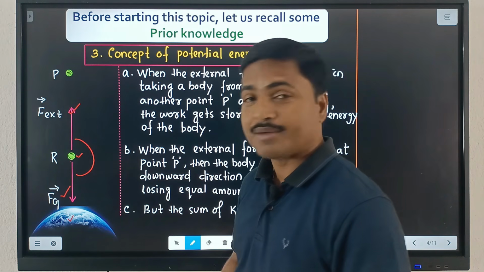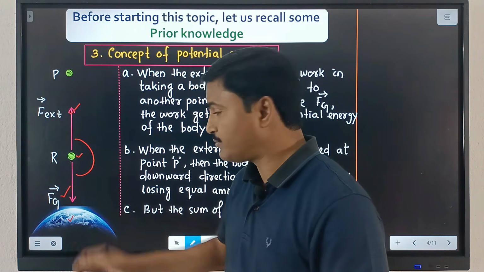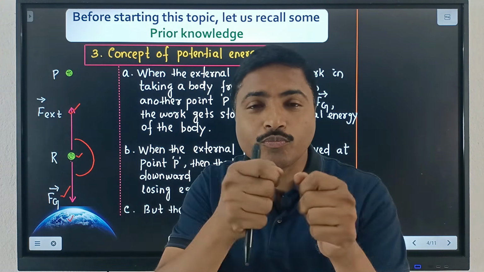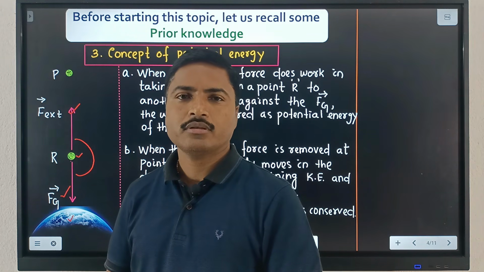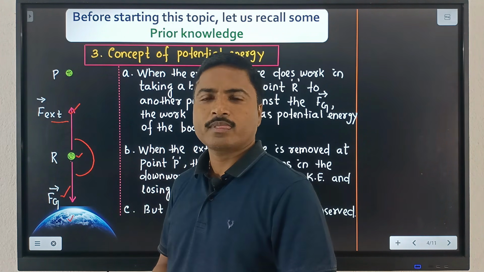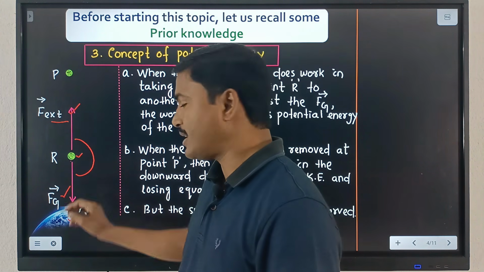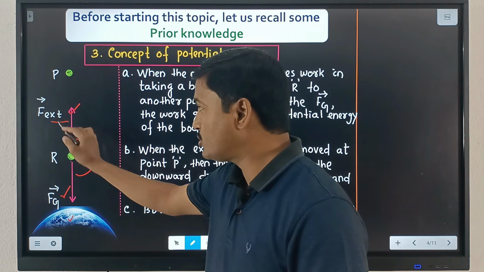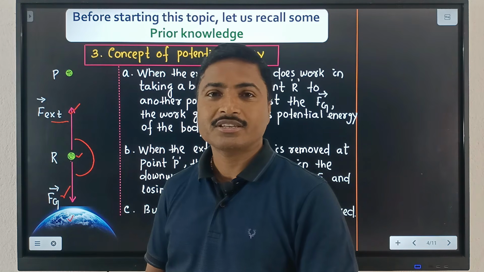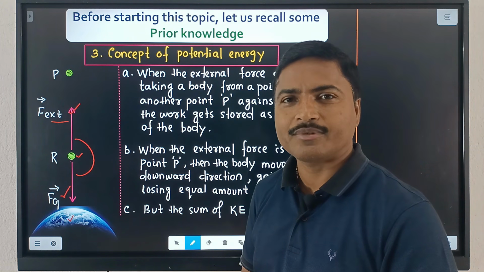If gravitational force is positive, then external force is negative, because both are in the opposite direction. And the magnitude of this external force must be greater than the gravitational force, or may be equal to the gravitational force. Then what happens?